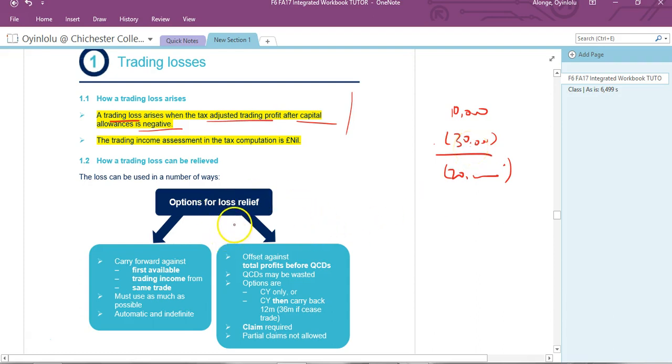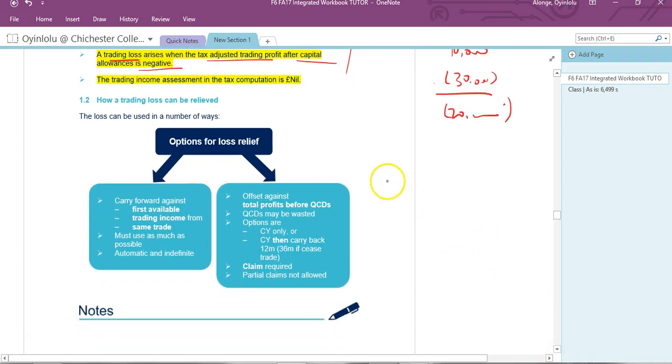So what are your options? A bit more straightforward than the individual. So for your company, and I keep trying to line that up with your sole trader, when you carry forward, you can only use them against trading income from the same trade. And this is automatic. This will happen automatically.